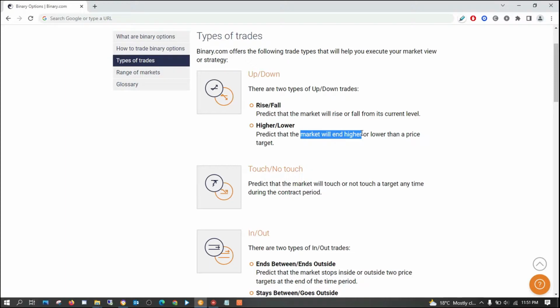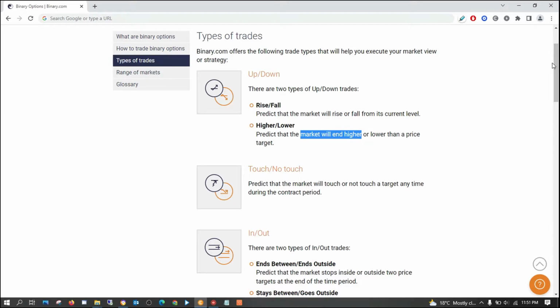If it goes lower, then you lose. The same thing happens when you stake on lower: if you predict that the market will go low and it goes high, you lose your position, and if it goes low, then you win. So that is the first type of trade, which is rise and fall and higher and lower.